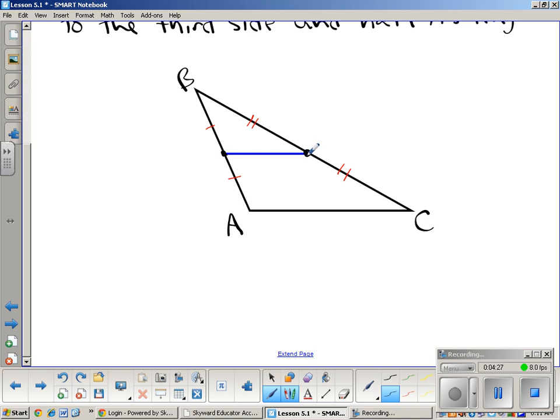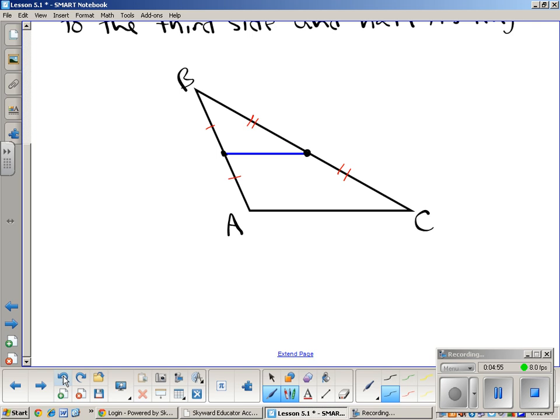Remember the definition of midpoint says that it's a midpoint of a segment if and only if the distance from the endpoints to the middle, or to that point, are equal. Okay? And so we're saying they're equal, so therefore it must be the midpoint. All right? So that makes that blue line a mid-segment.